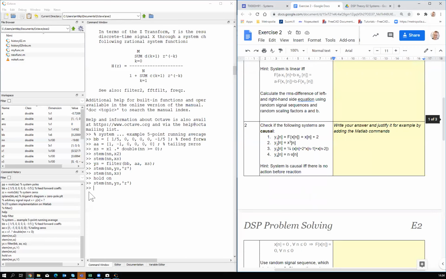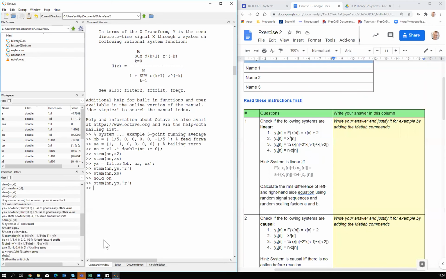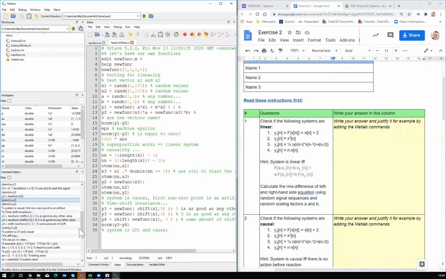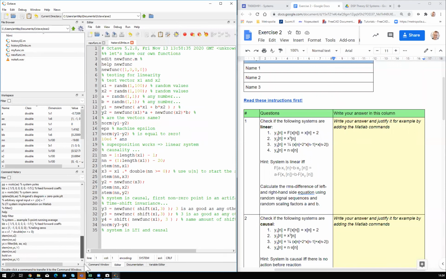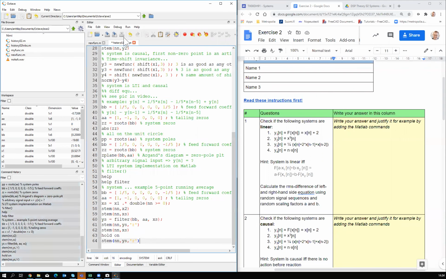Yep. So let's see, where do I have that system is LTI and causal. There we go. I will just copy that part into my history file.